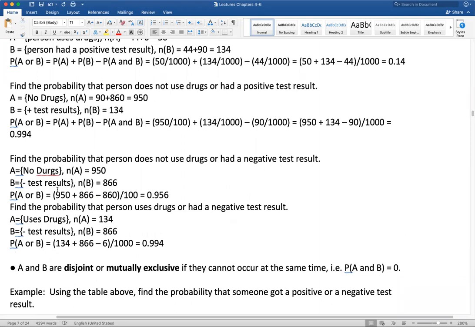Then we find P of A, the number of outcomes in event A, which is 950, and the number of outcomes in event B, had a negative test result, 866.